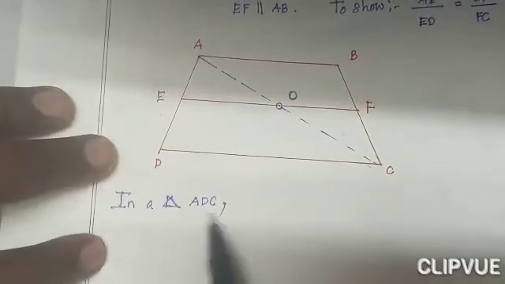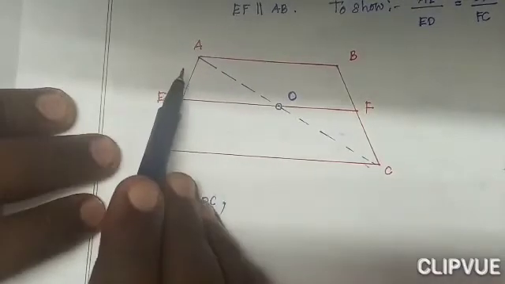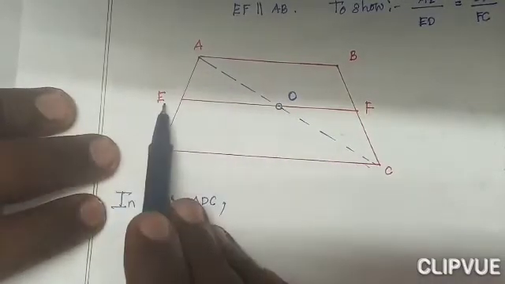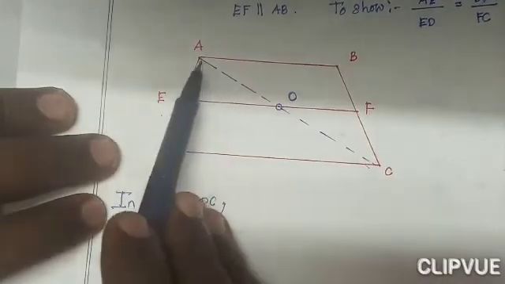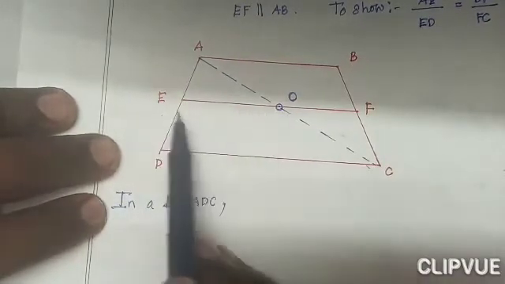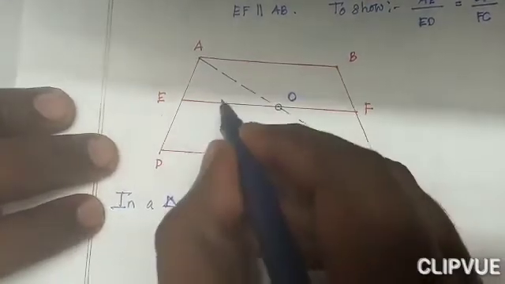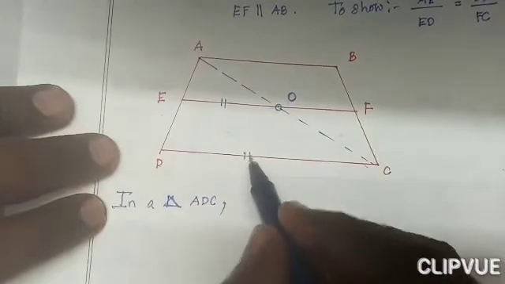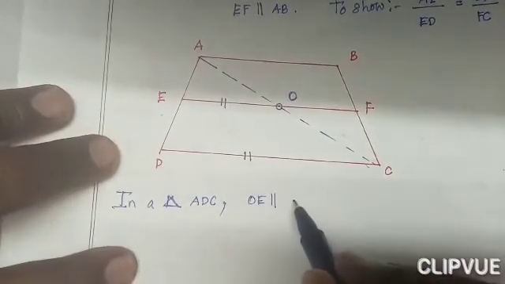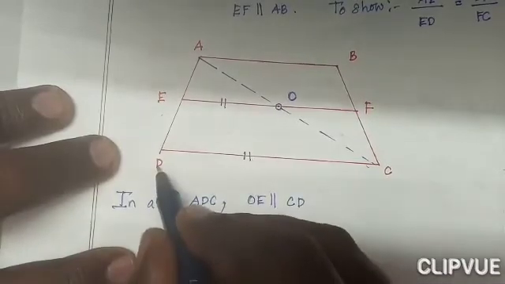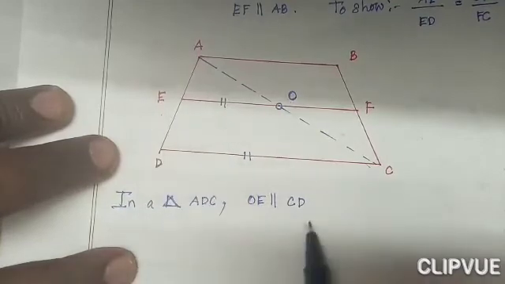In the triangle ADC, the diagonal AC meets EF at the point O. So OE is parallel to CD.